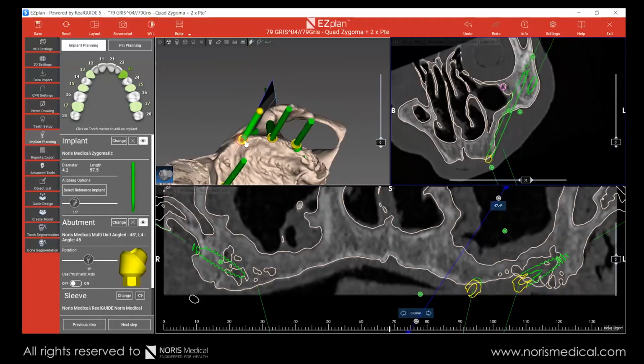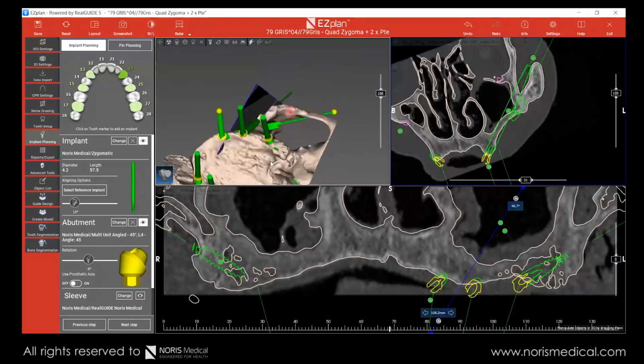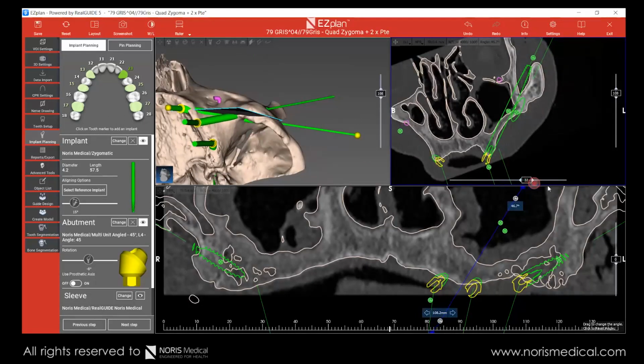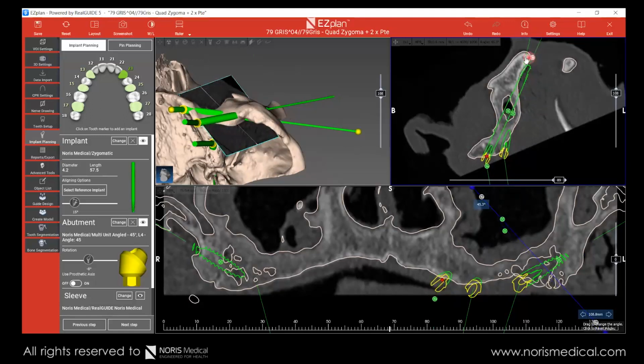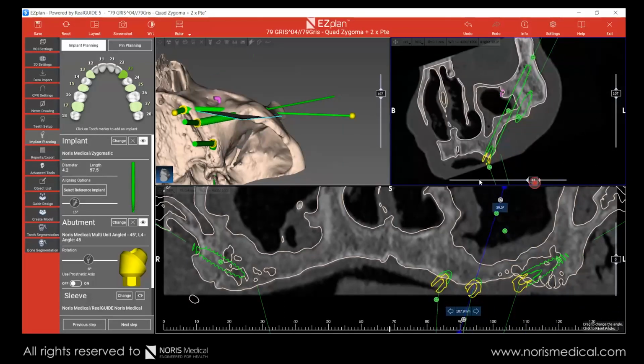Let's say we want to put the implant in a different position. These implants are already placed. I've placed them before, in order to save us time. But let's just play around a little bit. Let's say I wanted to change the implant to a different location, say I wanted to place it more distally. Let's say this is the angle I would like to have. Now again, I will put it here.